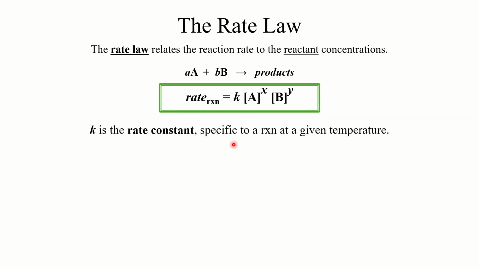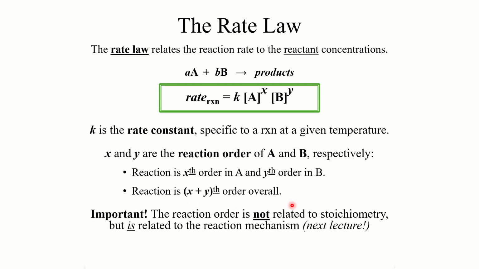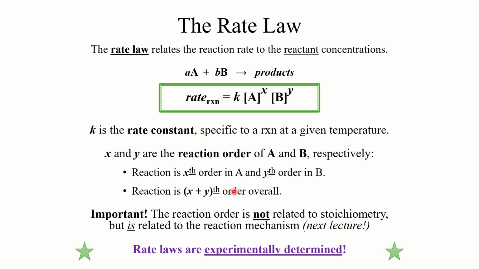K here is the rate constant, and the rate constant is specific to a reaction at a given temperature. X and Y are the reaction order of A and B, respectively. So reaction order is not related to stoichiometry, but it is related to the reaction mechanism, which we will cover in the next lecture. Rate laws are experimentally determined.